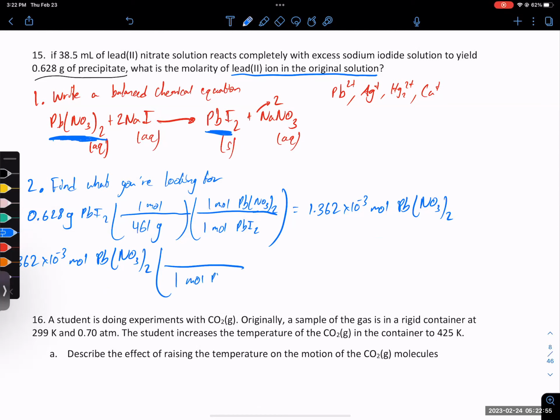1 mole of lead nitrate contains 1 mole of Pb2 plus ions. So now our units match up to what we're looking for, right? So now it's 1.362 times 10 to the minus 3 moles of Pb2 plus ion. All right. We have moles.